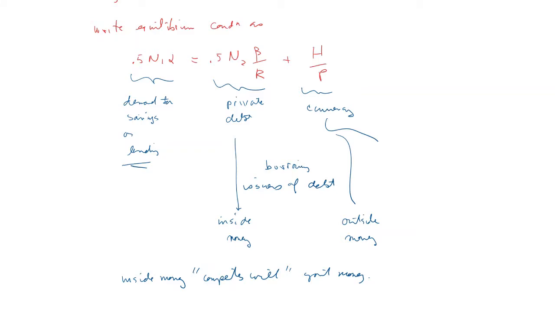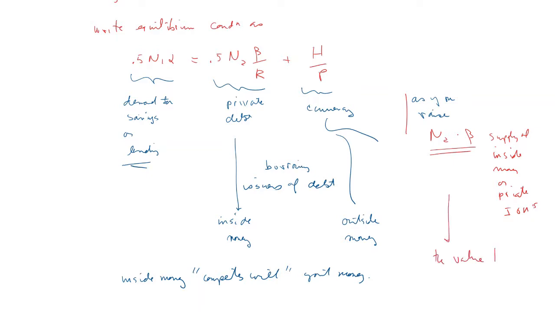An example, and what that means is, if you did a little comparative dynamics experiment here, you would notice as you raise N2 times beta, meaning that's a comparison across economies, so you raise the supply of inside money or private IOUs, the value H over P of government money goes down, or the price level goes up across economies.